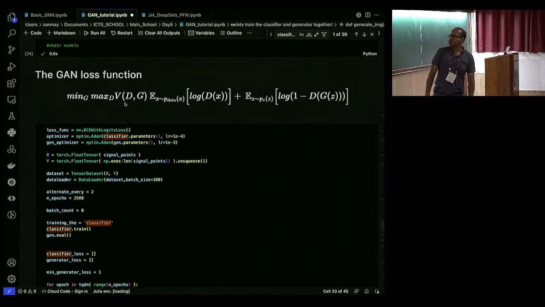The classifier input is, again, real images and the images coming from the generative model output. Then it doesn't know at all which one to label as real data or fake data.